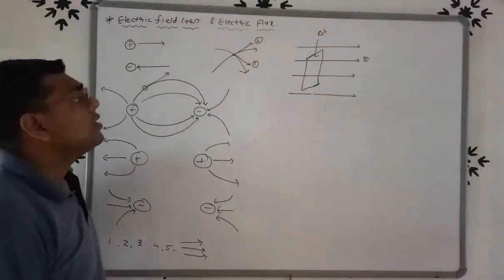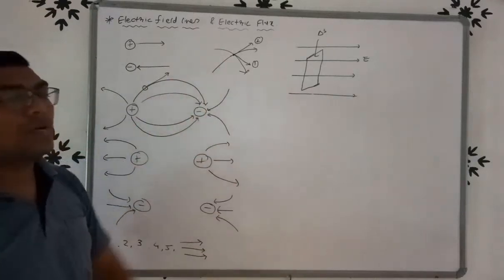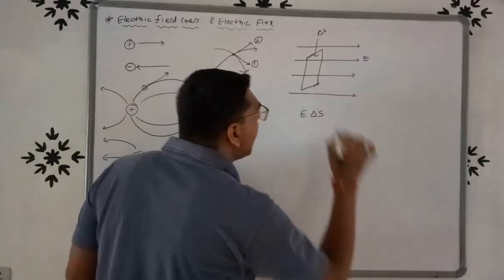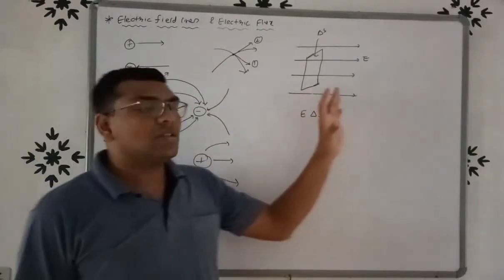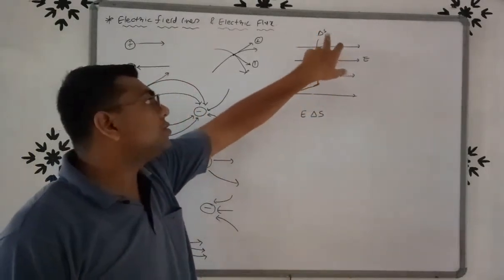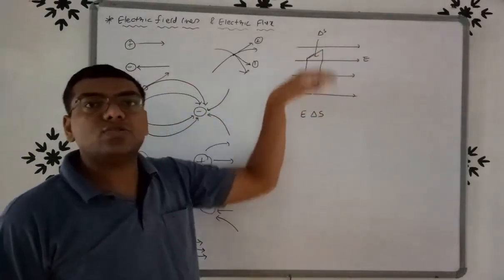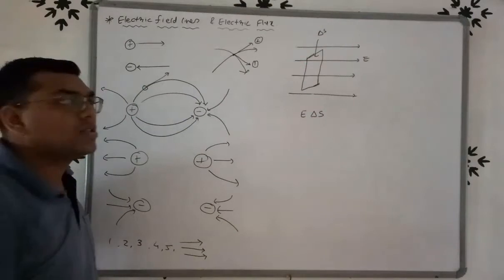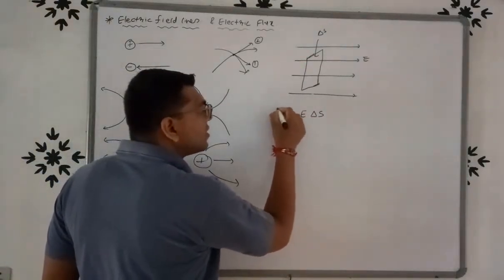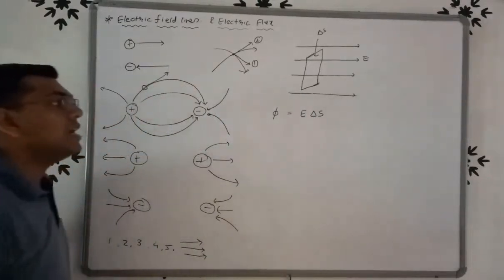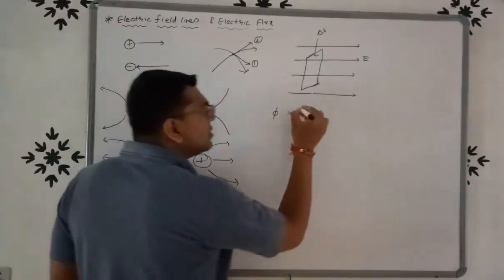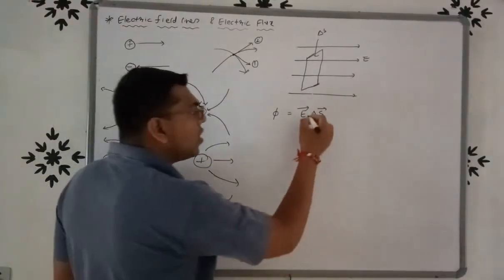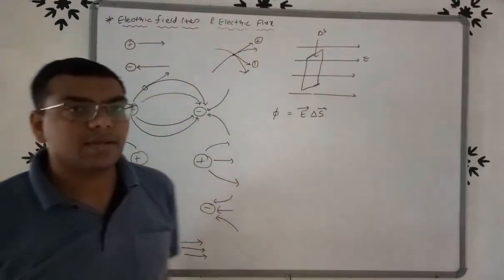Now, the number of field lines passing through it is proportional to E delta S. Right? So the number of field lines passing through the area delta S, which is normal to the electric field, is proportional to E delta S. So we can say that the flux phi is equal to E delta S. Right? But this is a vector quantity. So we can say vector E dot vector delta S. Right?